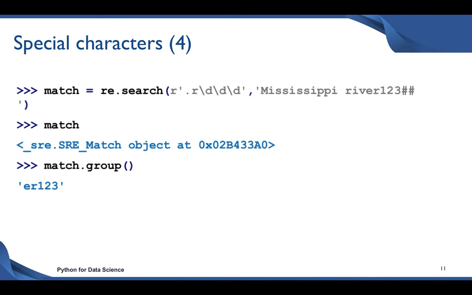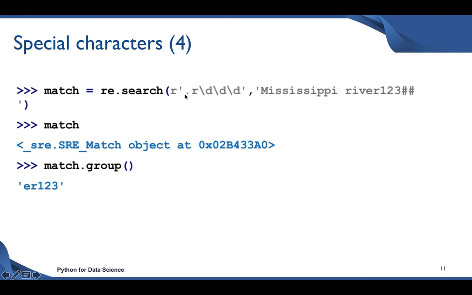Then we wanted to find the digits. So now here two things have occurred. First, you have placed a dot also. We wanted to find R where the R is present, and before R we wanted to find one character. And after that we wanted to find a digit, digit, and digit.